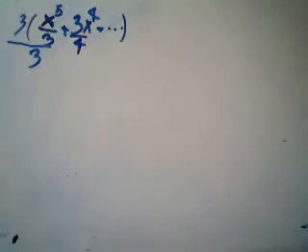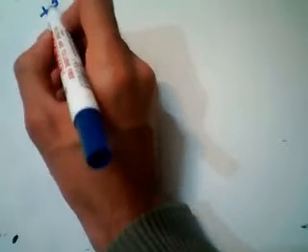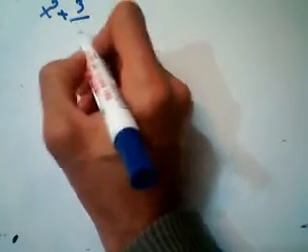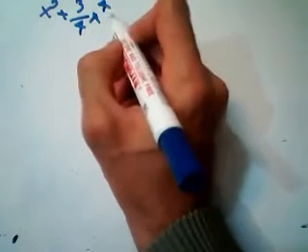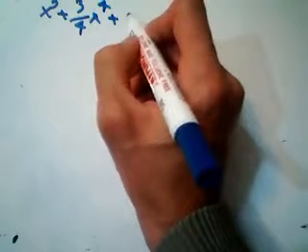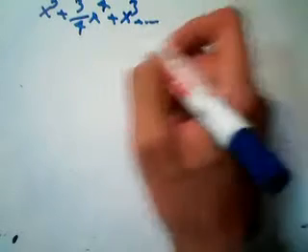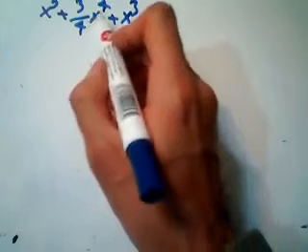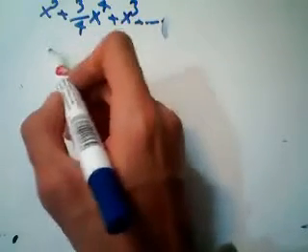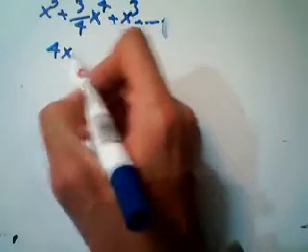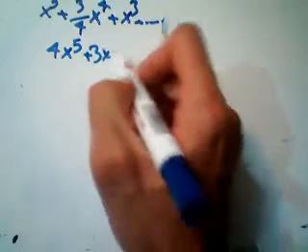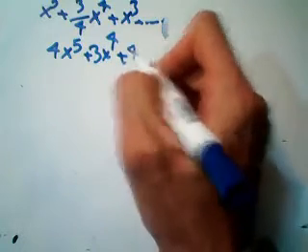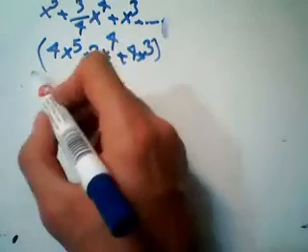Anyway, but what if, for instance, suppose we have something like that, plus 3 over 4 x to the power of 4 plus x cubed plus whatever, and so the coefficient of this is not an integer, so we should multiply by 4, so that would become 4x to the power of 5 plus 3x to the power of 4 plus 4x cubed, and finally divide by 4.